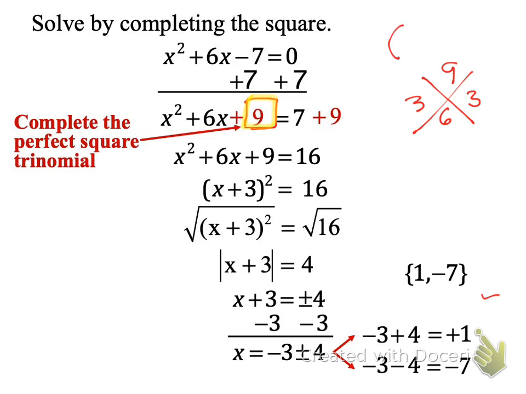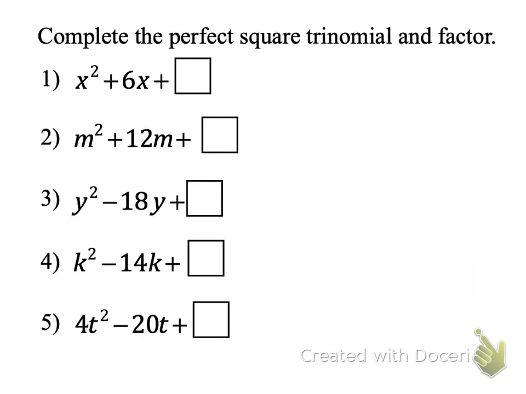Okay? Now, all right, so again, if I were doing the binomial method, what plus itself equals 6? 3 and 3. So this would be x plus 3 squared, and what goes in here now? 9, okay.